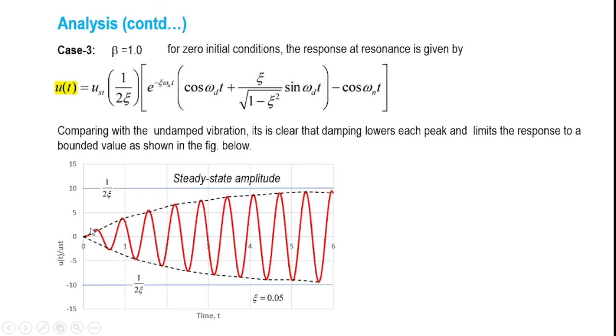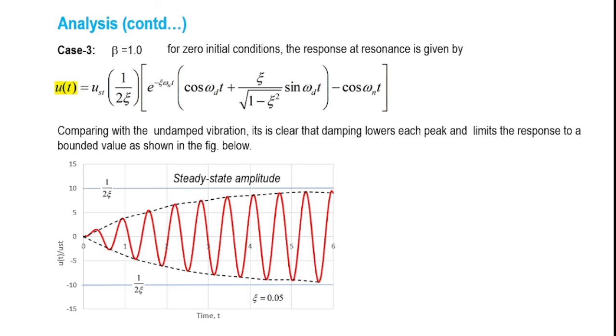So as you can see, as the cycles of motion build up, the amplitude of the response in each cycle goes on increasing. But remember, the system has damping, which means that such an increase cannot continue infinitely.